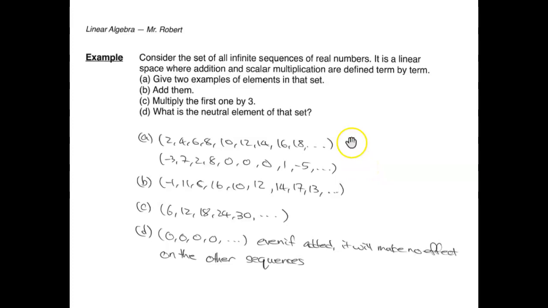You can determine that if you have two elements in the vector space of infinite sequences, yes, you can add them, and you will still get an element from the same vector space. If you add them, which is what we do in B, you also get an infinite sequence, so it's closed under addition. There's no way you can add two infinite sequences and get a function.